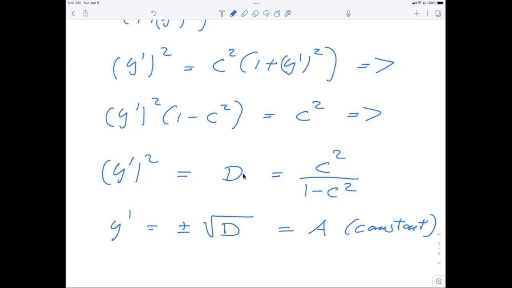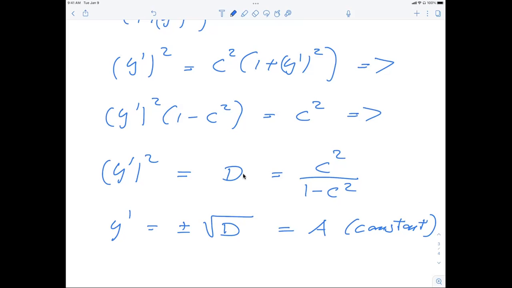So if that is a constant, what is y like? If I integrate up with respect to x, that becomes a straight line. So just a times x plus a new constant.